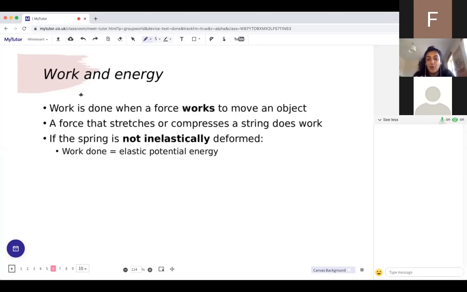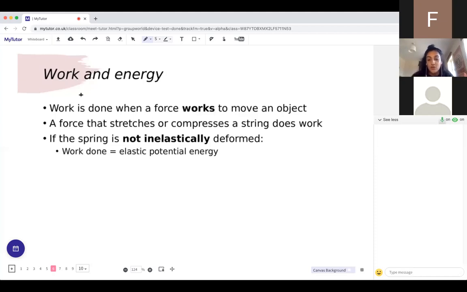We, as humans, put work in to create a force to move an object. Stretching an elastic band is a human doing work to move the object. The human is applying a force to move an object in some way. So work is done when a force works to move an object.